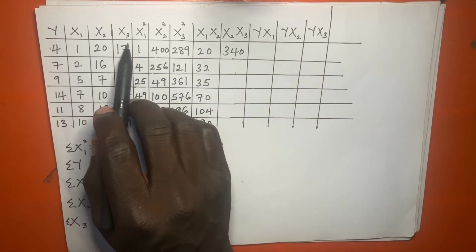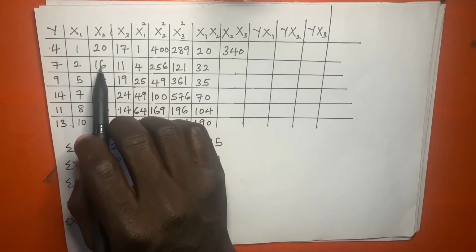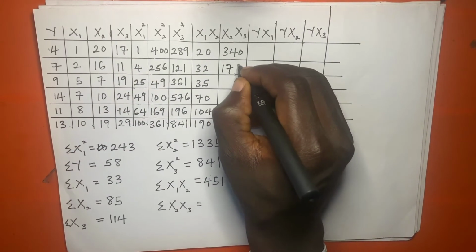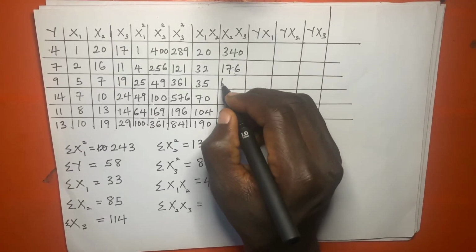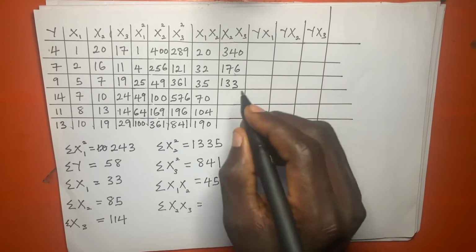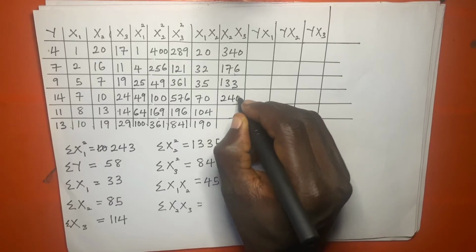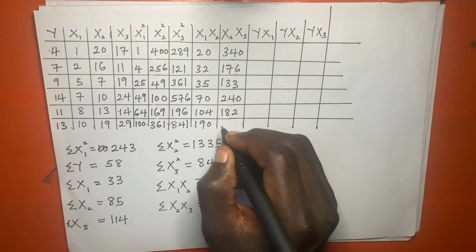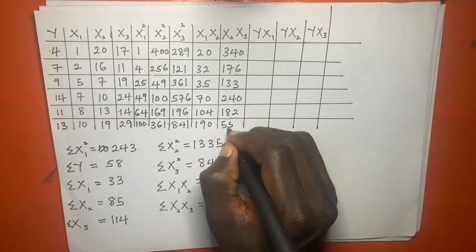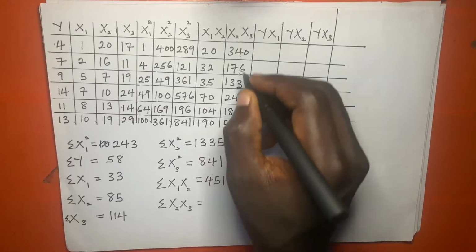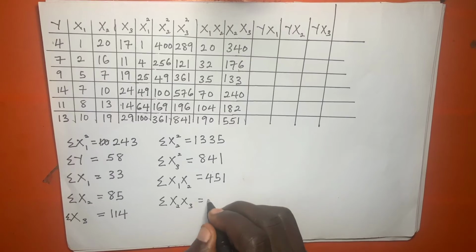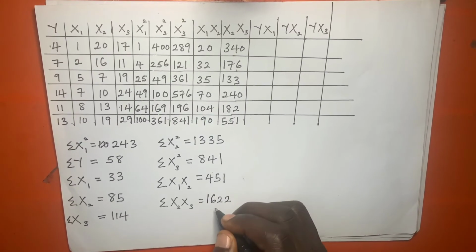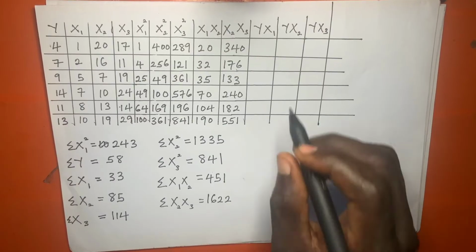Now 16 times 11, we have 176. This will give us 133, 240, 182, 551. So if we add all of this together, this is going to give us 1622.